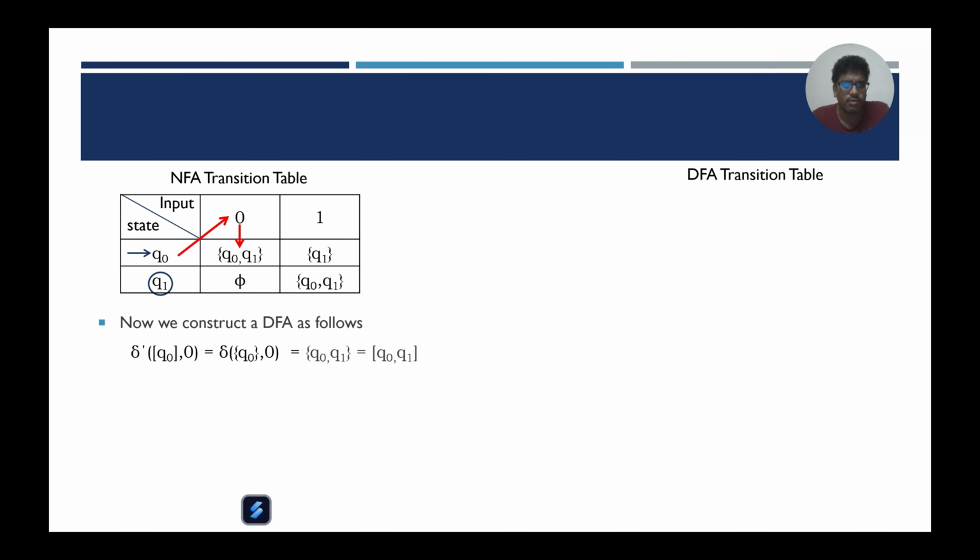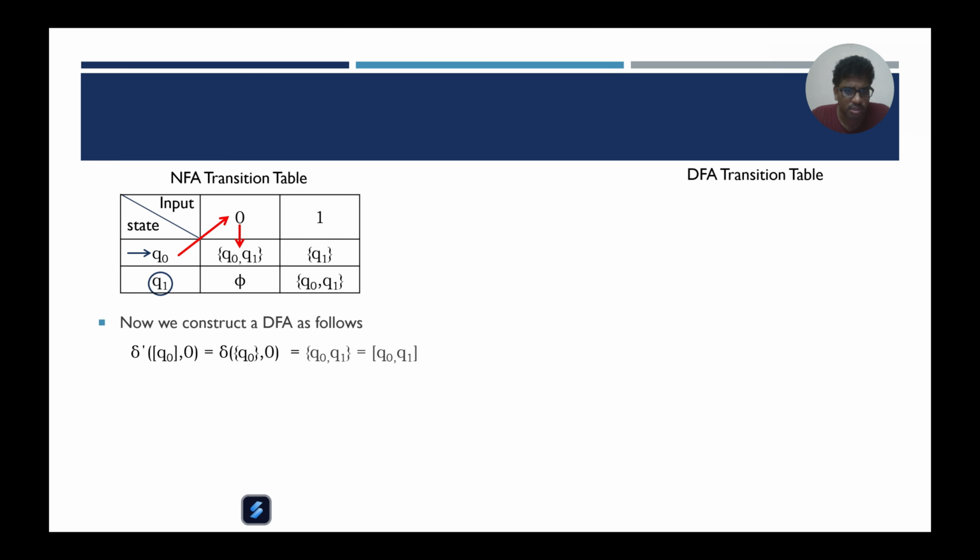Before that, we have to write the transitions with delta dash, which is represented in the DFA. So δ'(q0, 0) = δ(q0, 0) = {q0, q1}.